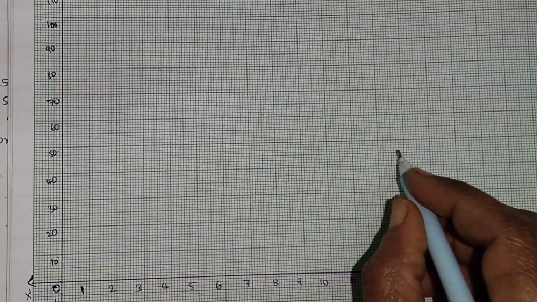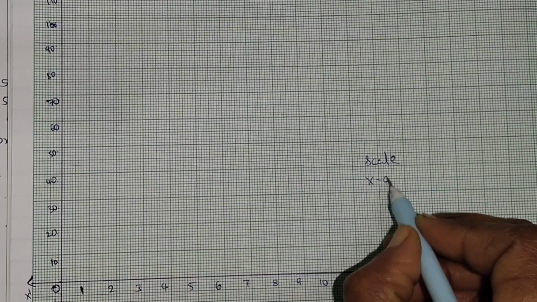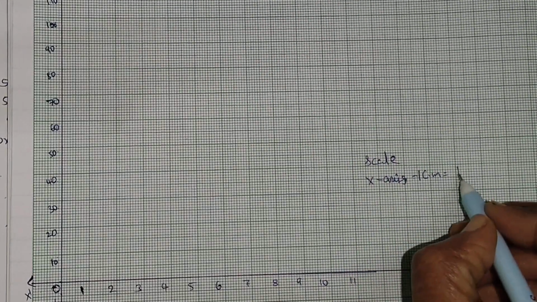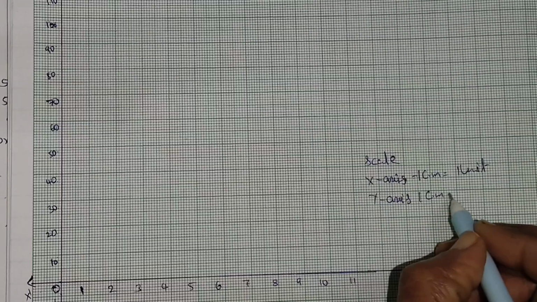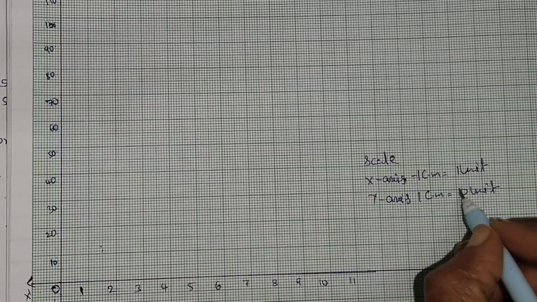Now we write the scale. Here the scale is: on the x axis 1 centimeter equal to 1 unit, and on the y axis 1 centimeter equal to 10 units. So this is the scale.